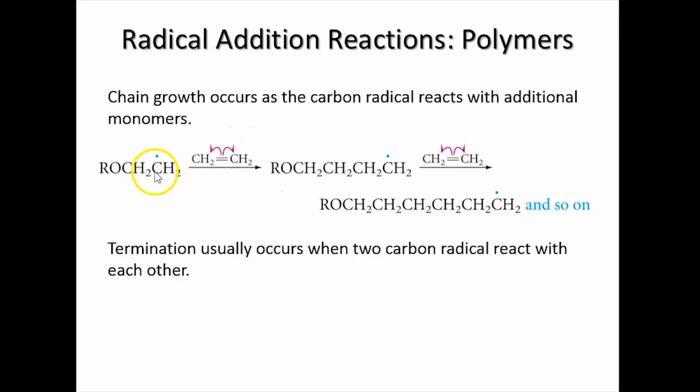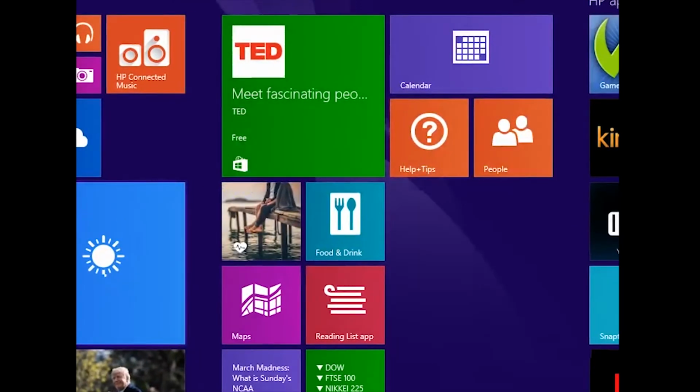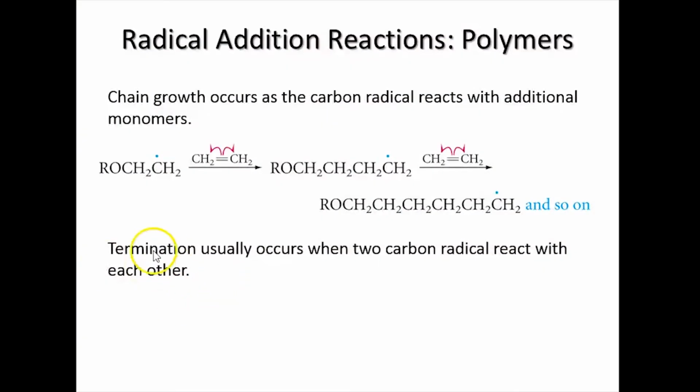That will add to this, creating a radical down the chain. See, we've added the ethene molecule. And this will continue and continue and continue until a termination step occurs, where two carbon radicals will react with each other.